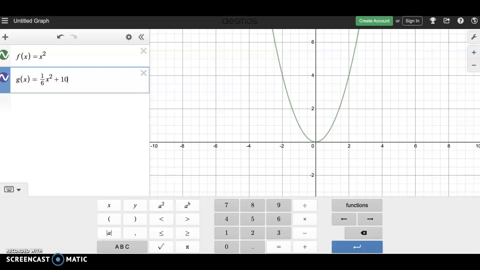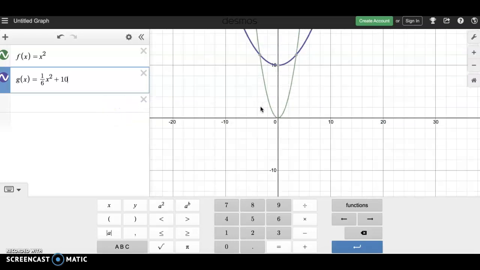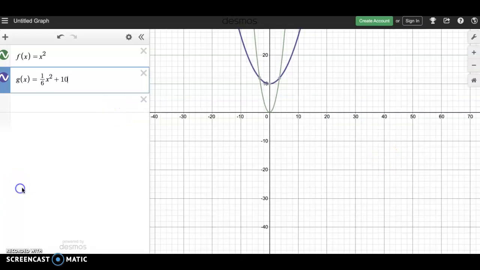Good thing I checked, plus 10. Okay, so let's go ahead and look at this. Oh wait, where did it go? There we go. Okay, there goes the graph.